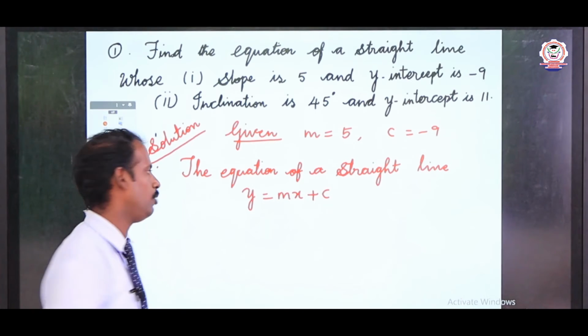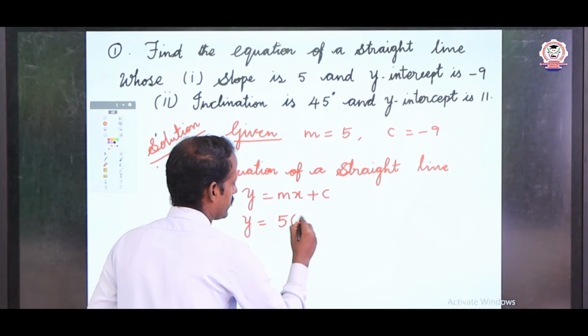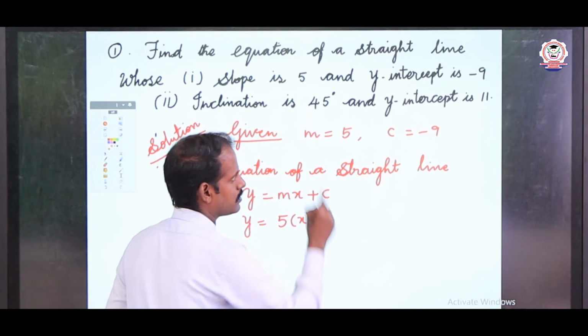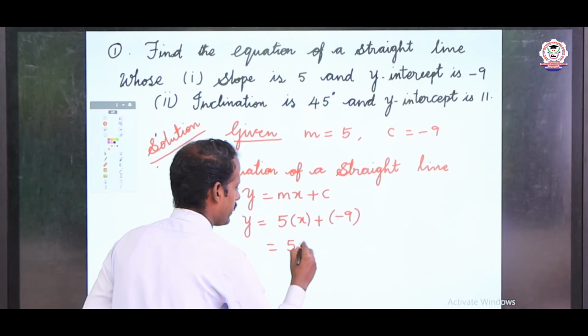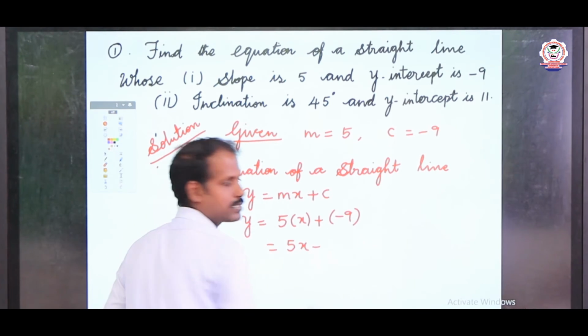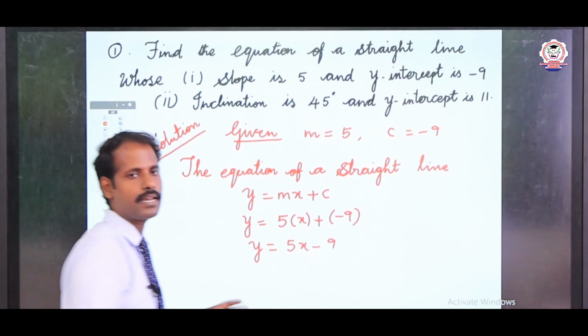So now substitute the values. y equal to 5 into x, 5x, and plus into minus, so -9. Then y equal to 5x minus 9.